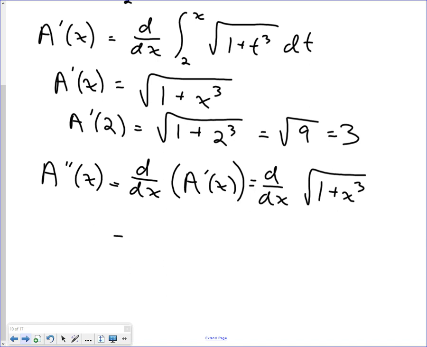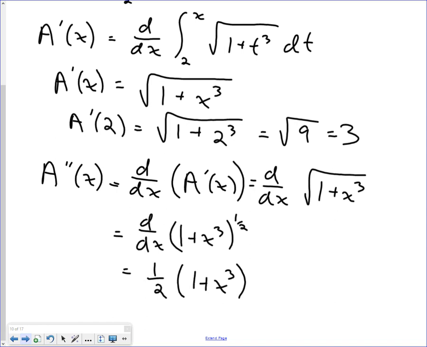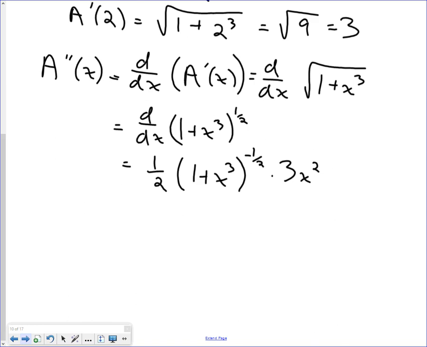This we can do using the techniques that we learned back in the first part of the course when we were doing differentiation. We're going to rewrite the function as 1 plus x cubed to the 1/2, and we're going to apply the chain rule here. Bring down the 1/2, 1 plus x cubed to the negative 1/2 times derivative of the inner function, which is 3x squared. Then we want to evaluate this at a value of 2.